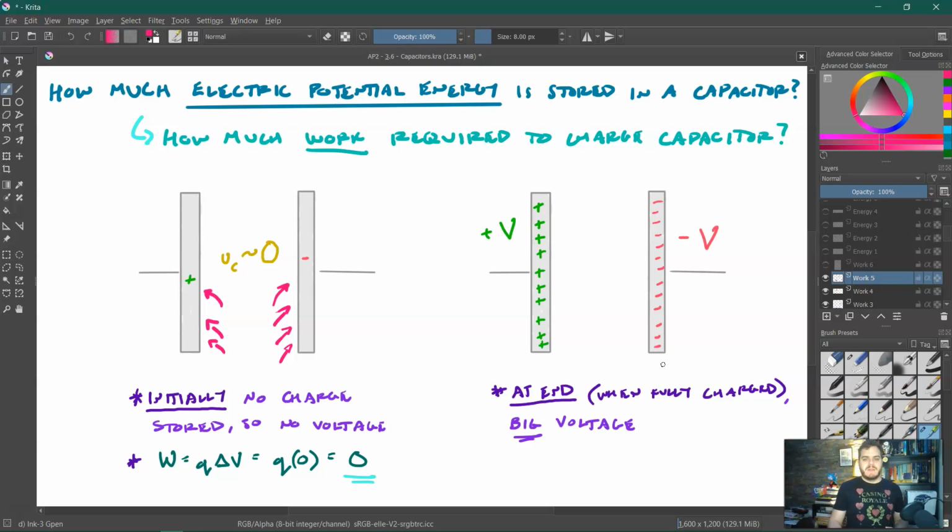So I have a positive V and a negative V. And this is when it's fully charged, or pretty close to it. We now have a voltage much larger than the 0 we had originally. So when I do work putting a positive and a negative charge here, that's going to be equal to Q times delta V for each one respectively. So initially, not having to do really any work at all, very little energy stored. At the end, having to do a lot more work, specifically about Q delta V.